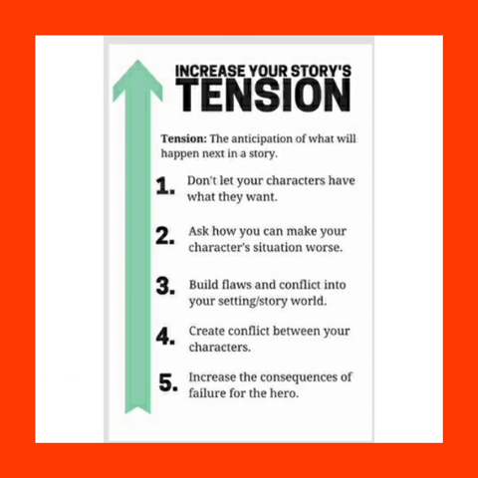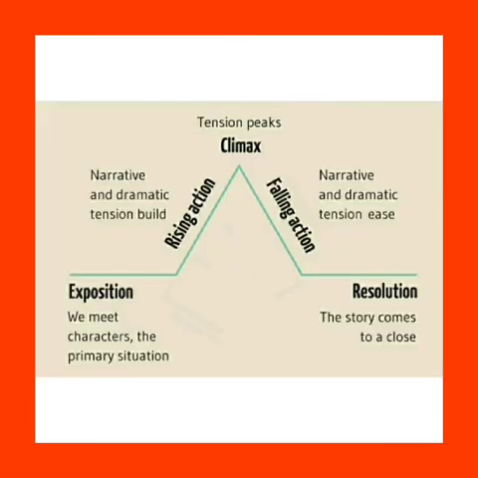Now I will again make you learn something about the plot. In the previous video, that is in the part 1 video, I told you that the plot of a story has 5 parts. First of all, the exposition. Exposition means we meet the characters and the primary situation.